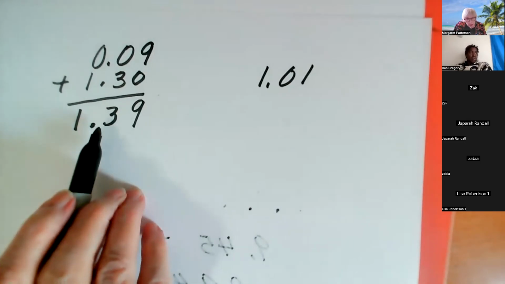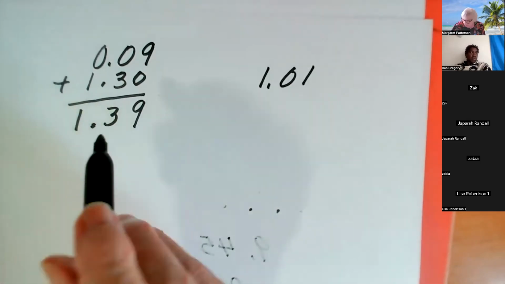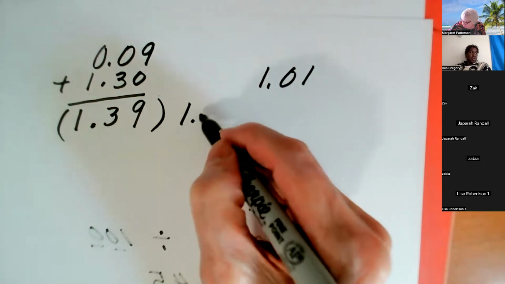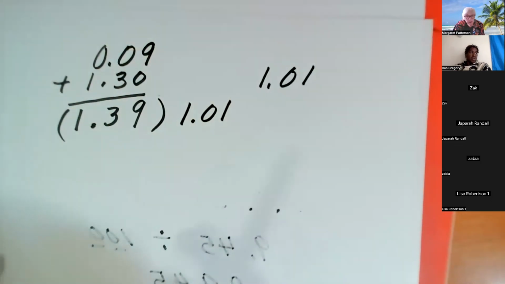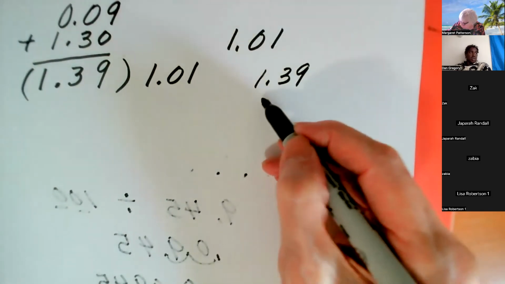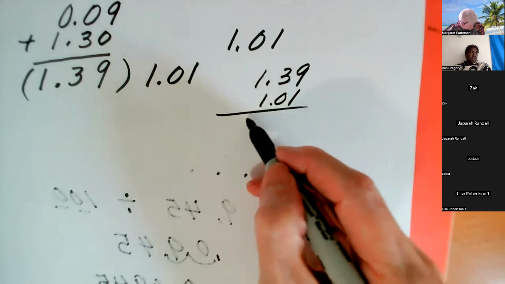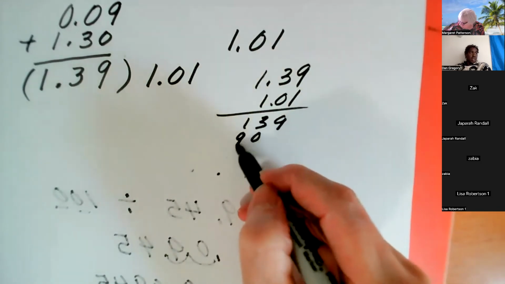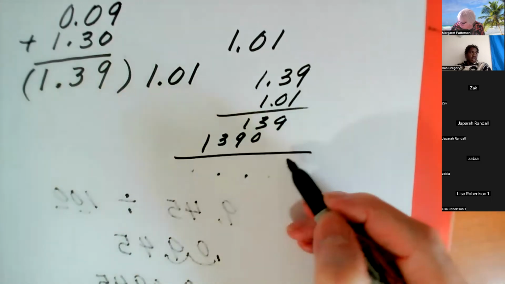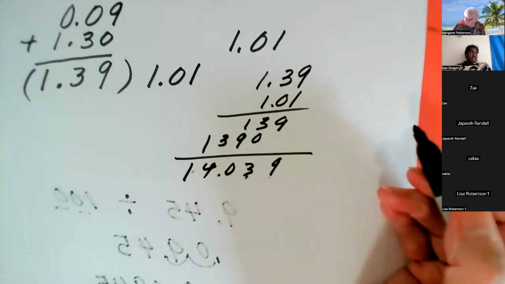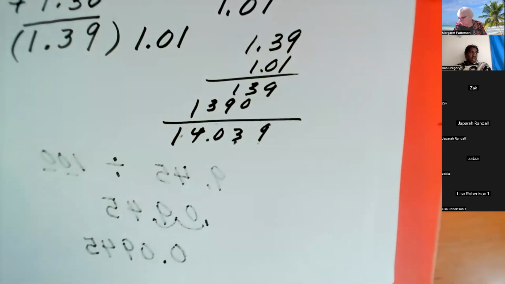So in the parentheses was 1.39, then that needed to be multiplied by the 1.01, which was out front. So you just do that real fast. This is 139, this is 0, and this is again. So with any luck, that's right.